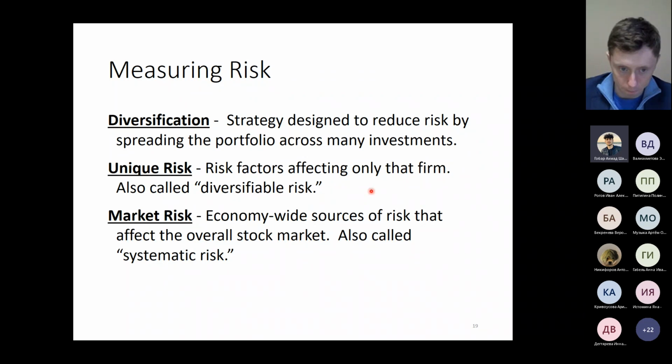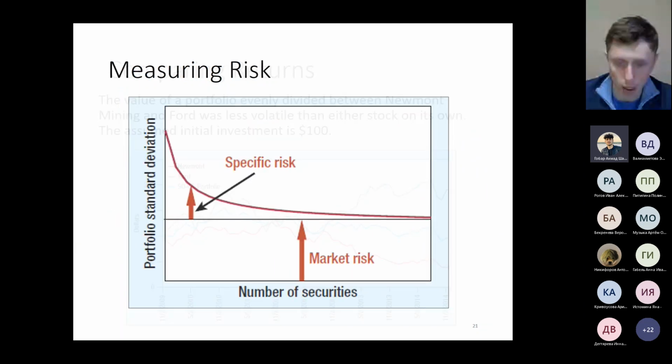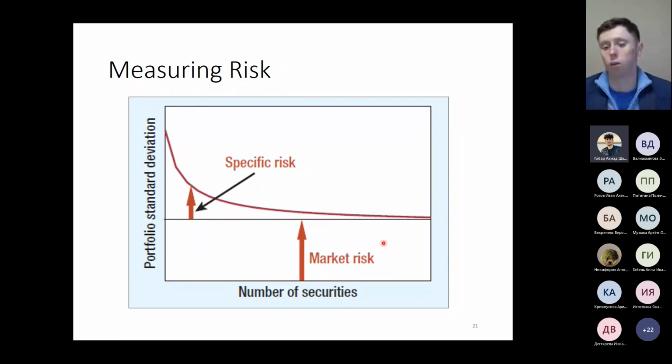If the risks are relevant for all assets within the portfolio, then we call them market risk. And those types of risk, we cannot diversify away. They remain. Depending on the level of diversification we have, we might reduce this part. For example, we can start from diversification within one country, then we have the market risk for the market of this country.